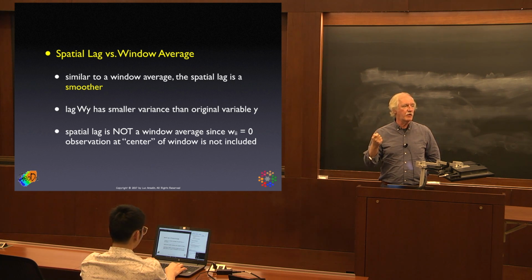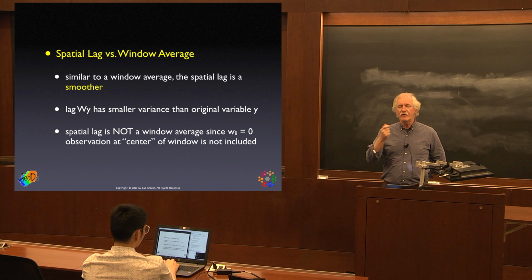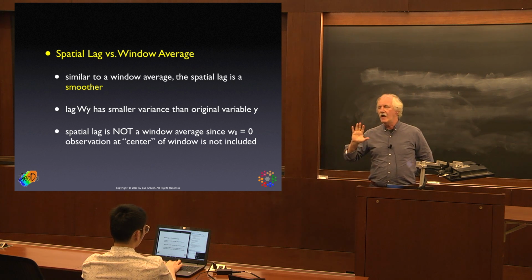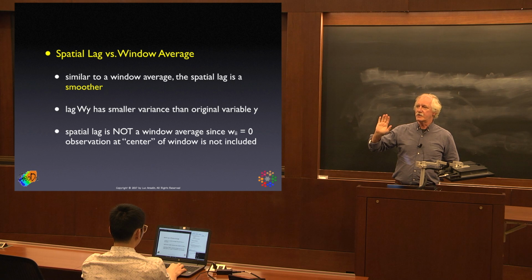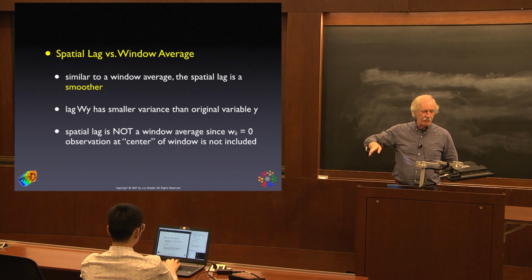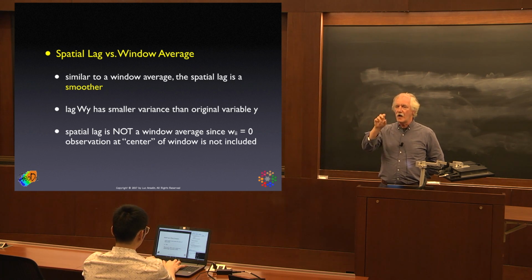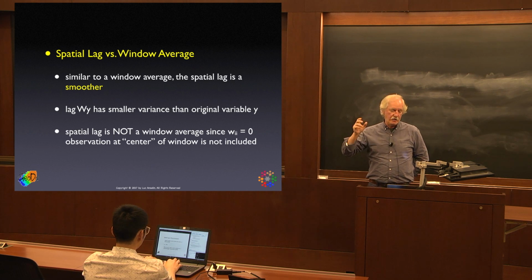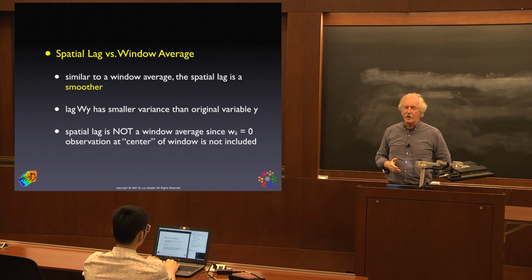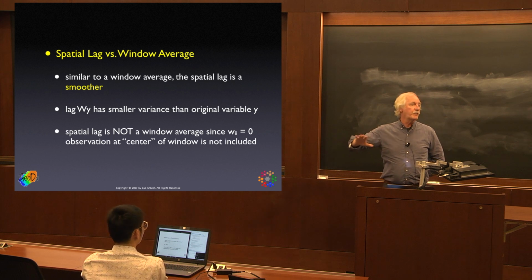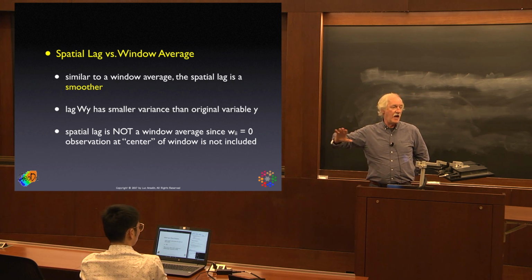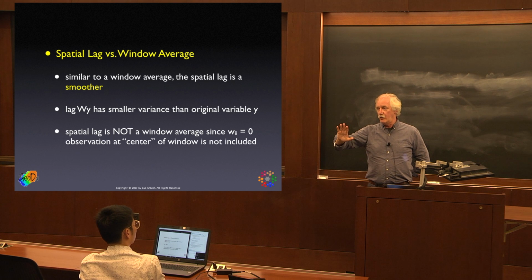There's no self-neighbor. So even if you have a spatial weights matrix that is all ones, row standardized, except for the diagonal, each term will be different because each term does not include the value at that location itself, which is a big difference with, in a lot of other analyses, moving windows, where the moving window basically takes an average of everything in the window.